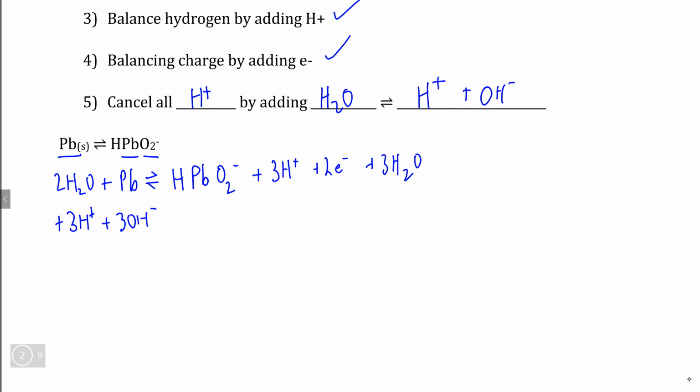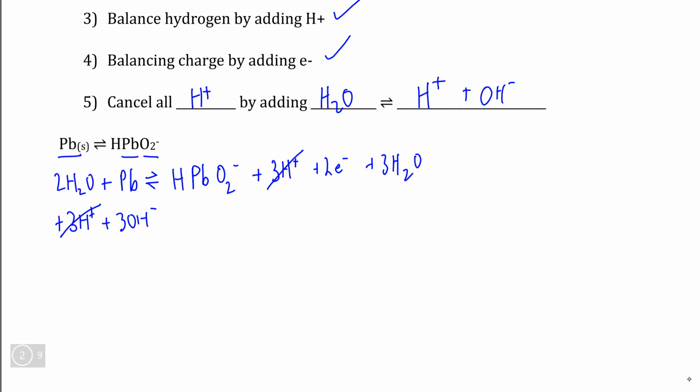Now, because of this, we can cancel a few of the compounds that appear on both sides of the reaction. The whole point of adding this water here is to get 3 H+ in the reactant side so that we can cancel the H+ in the products, and that's exactly what we're going to do.